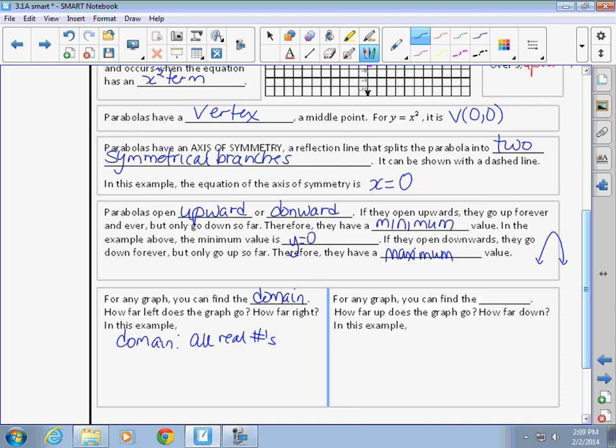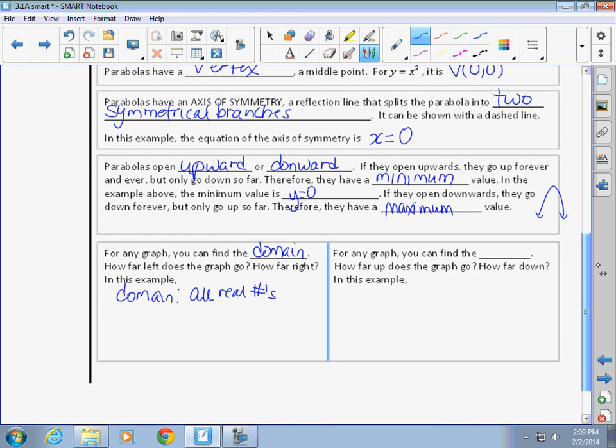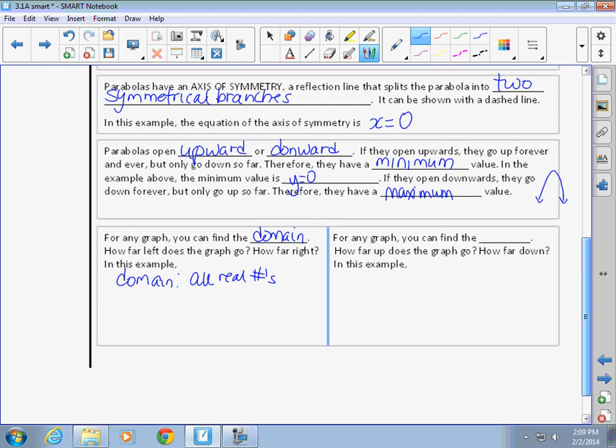What we do, though, is instead of writing domain is all real numbers, we use some math shorthand. So we say D, and we put our two dots, and a bracket with an x, a slash, x, funny looking E, and a double-barred R, and then another bracket.